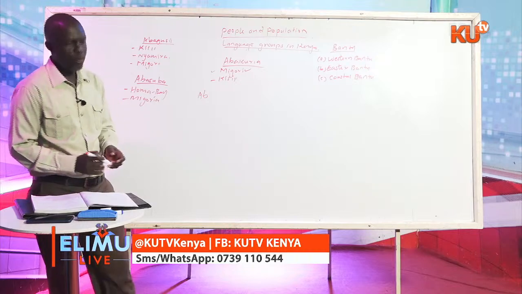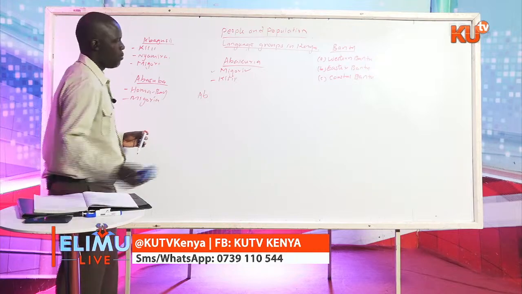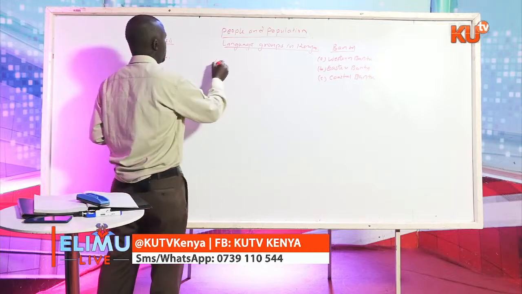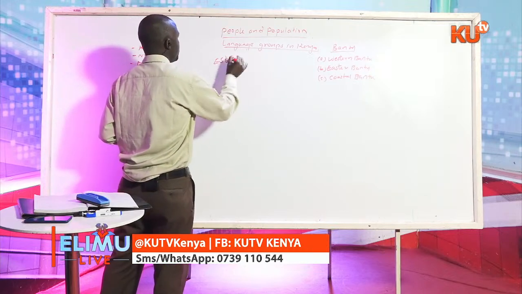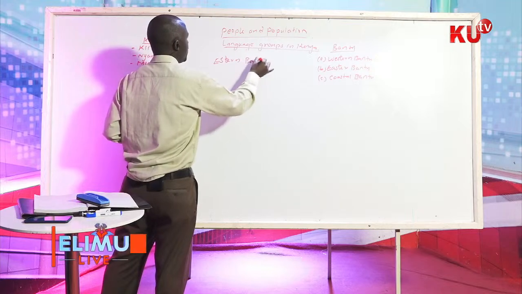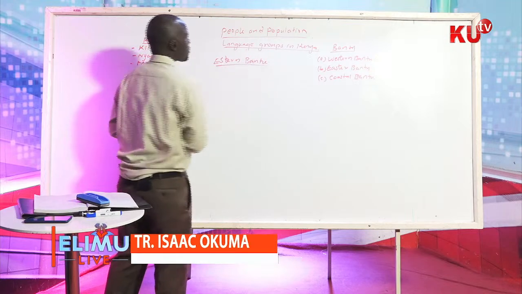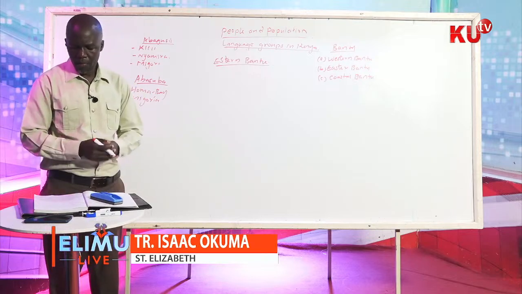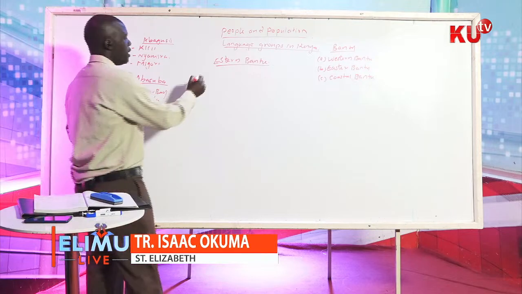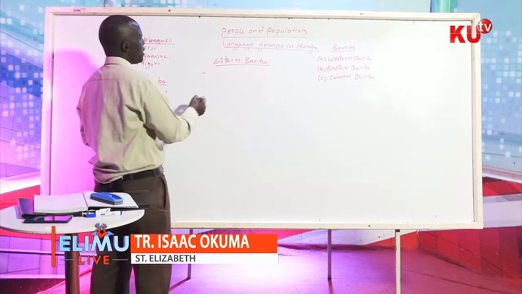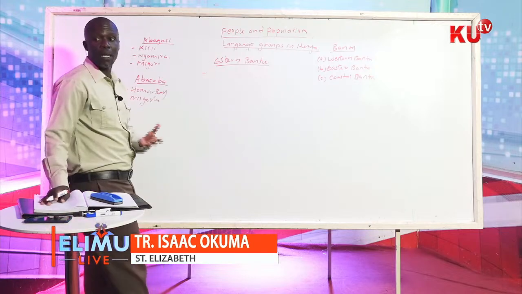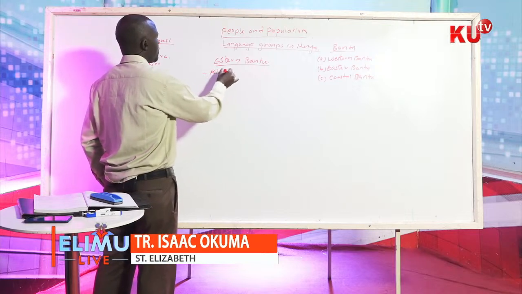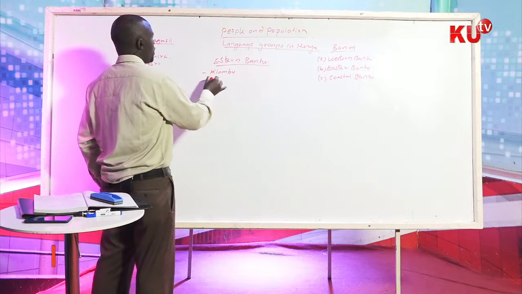Next, we can look at another group of Bantu, and that is Eastern Bantu. So the Eastern Bantu occupy the counties of, for example, Kiambu. We have Kitui.